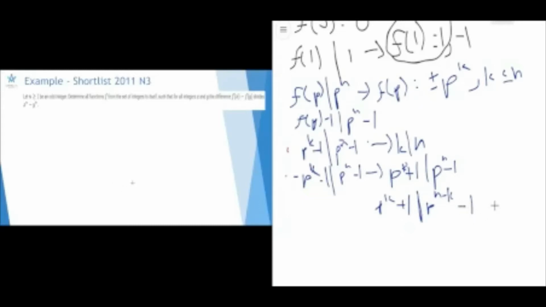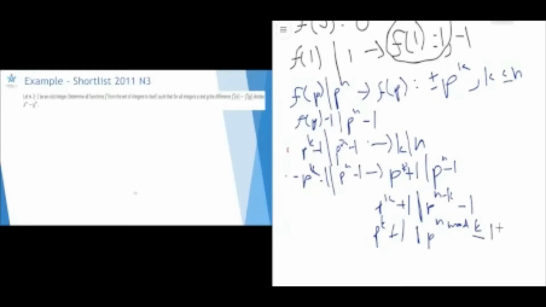So we could continue this downwards, right? Yeah, we can. So this means that we end up getting p to the k plus 1 divides p to the n mod k minus 1.